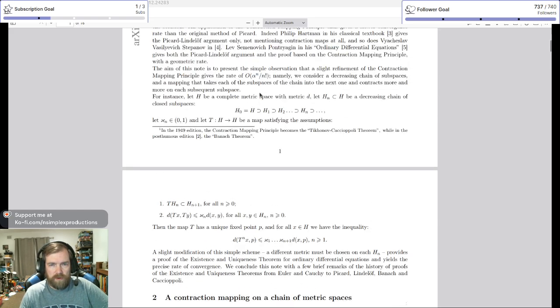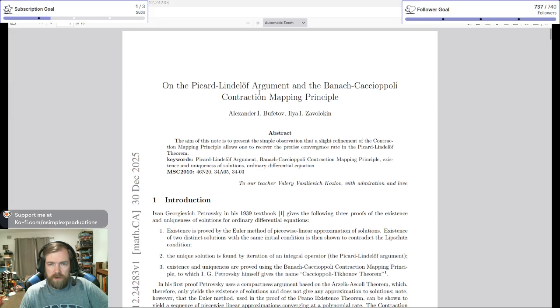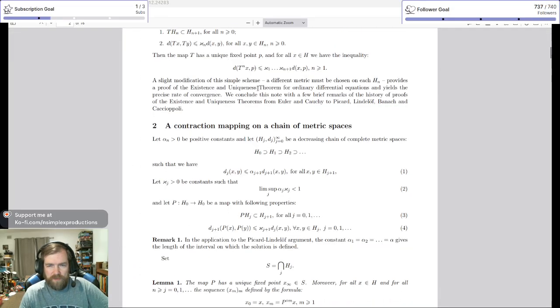Alright, so we were in the Picard-Lindelöf argument on the Banach-Caccioppoli contraction mapping principle.